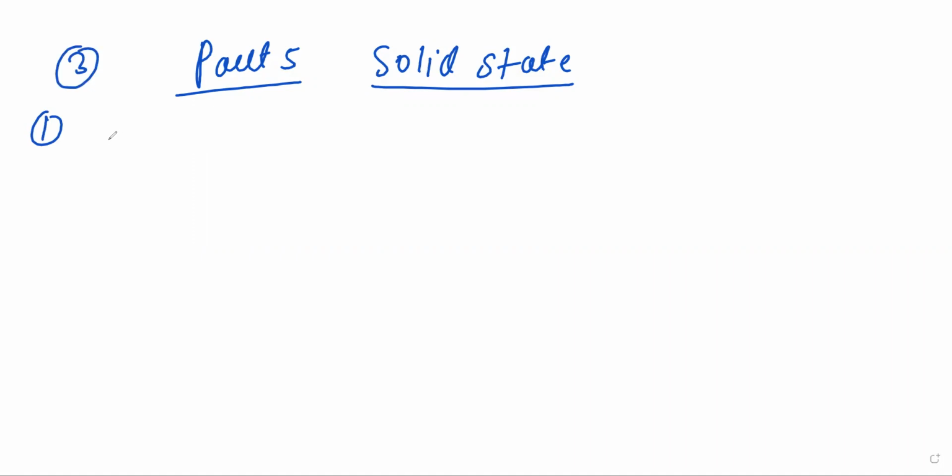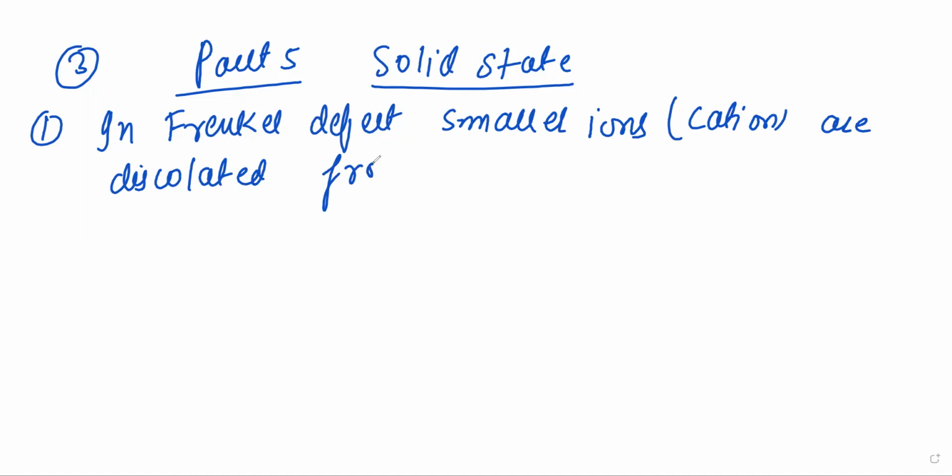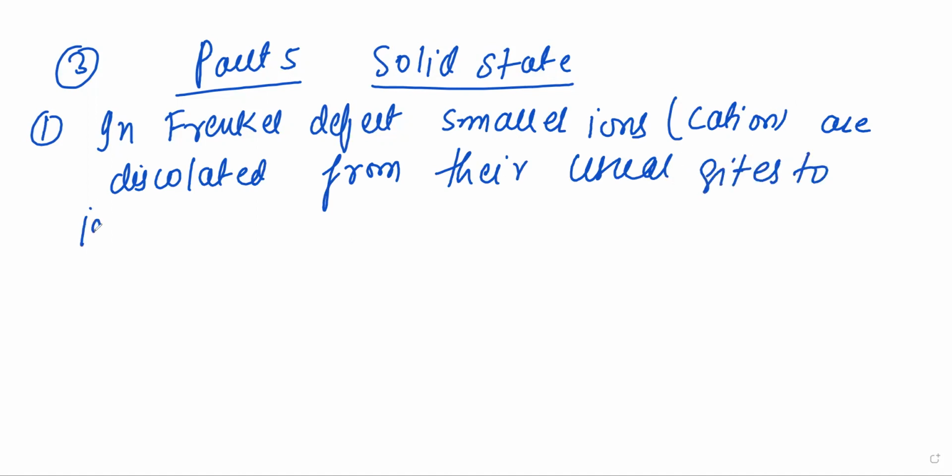In Frenkel defect, smaller ions, that is cations, are dislocated from their usual sites to interstitial sites.